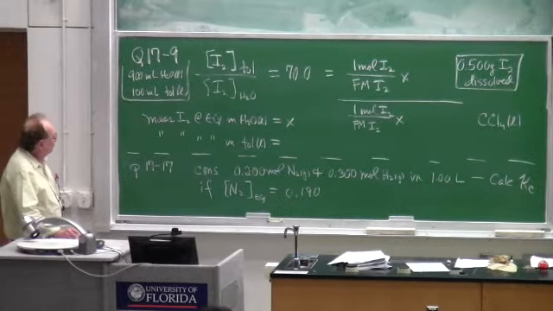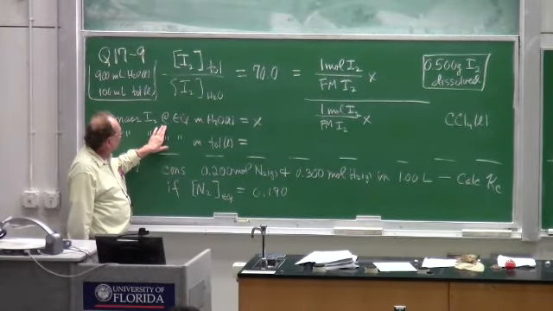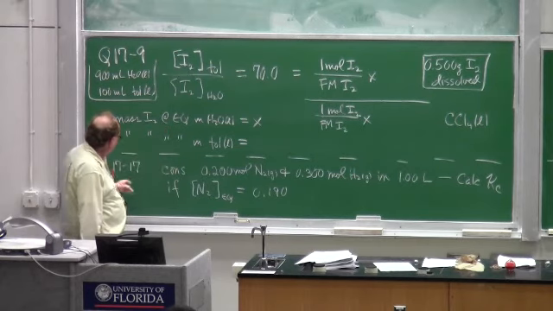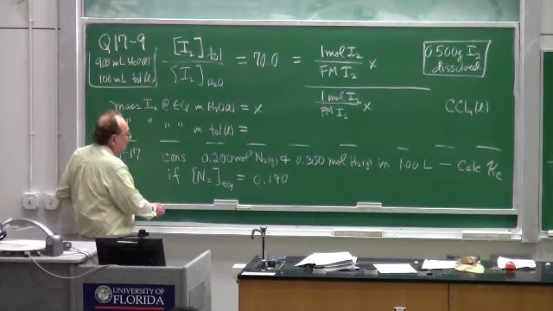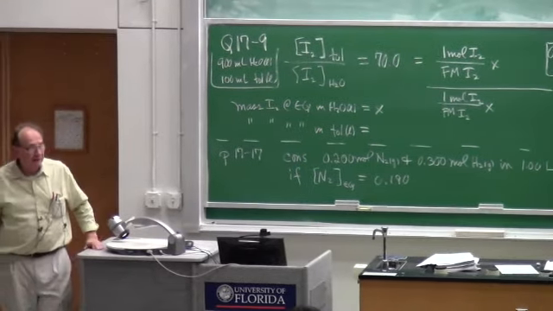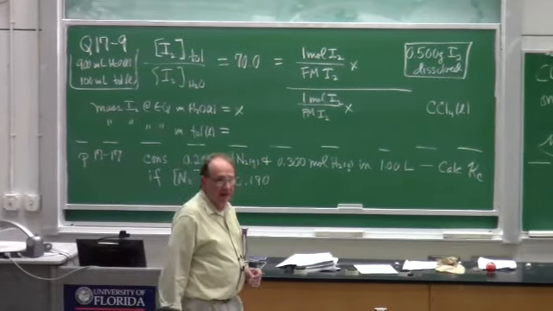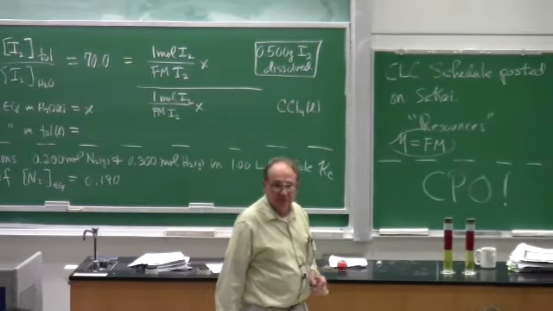Now, before we go further with that, if I represent the mass of I2 at equilibrium in the water layer as X, how will I represent the mass of I2 at equilibrium in the toluene layer? Do I write down Y? You realize if I write down Y, I'm going to have two unknowns.